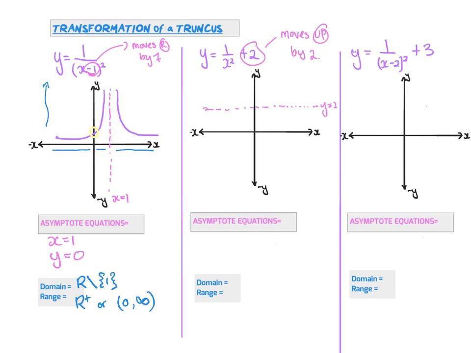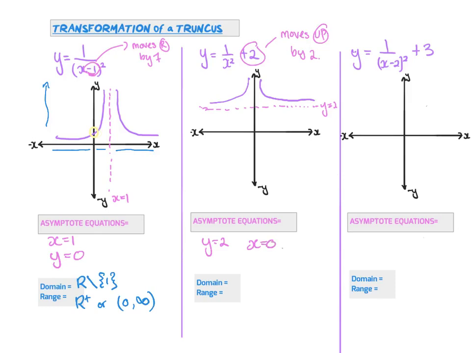So we've moved it up, but it hasn't moved left or right. So if we go to draw this truncus here, it will look like that. So the equations of the asymptotes are y equals 2, and we still have the y-axis, which is the x equals 0 asymptote.